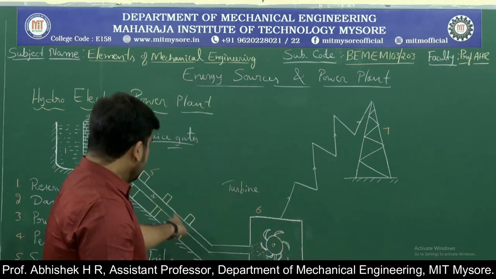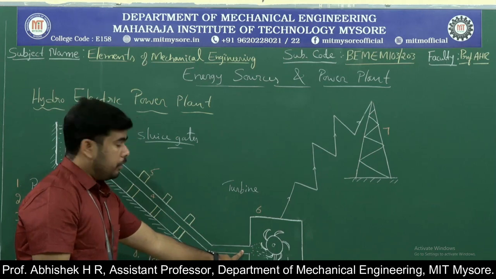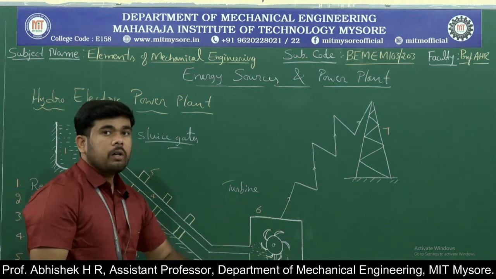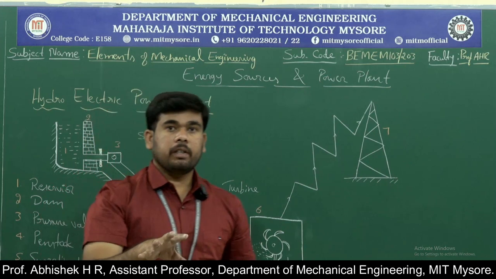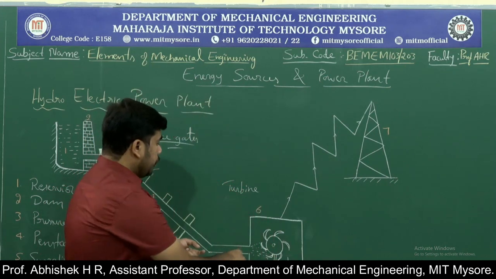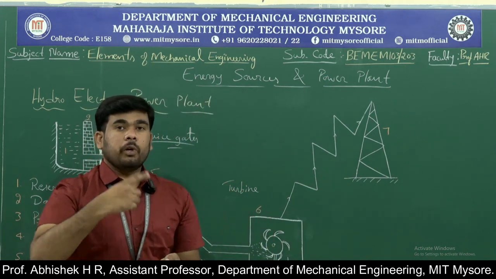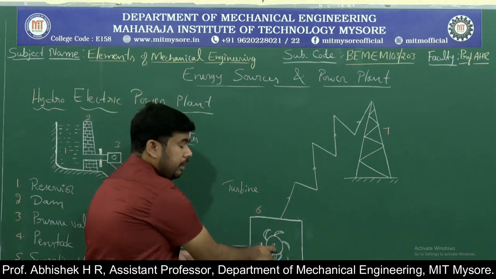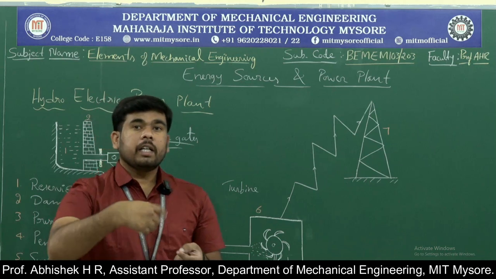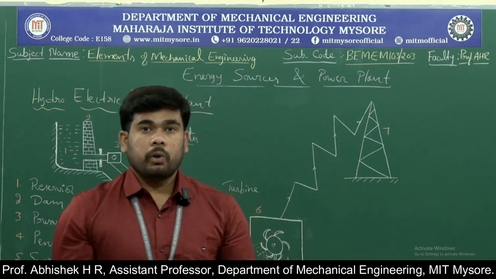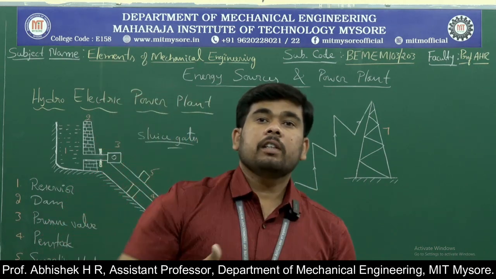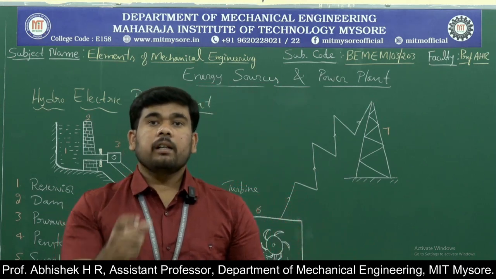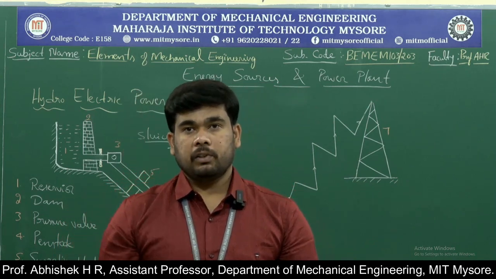As the water comes from the penstock, it hits or splashes on the blades of the water turbine, and due to that movement the turbine rotates. Because it is connected with the shaft, the shaft also starts to rotate. That is also connected with the generator, and the generator generates the electricity.